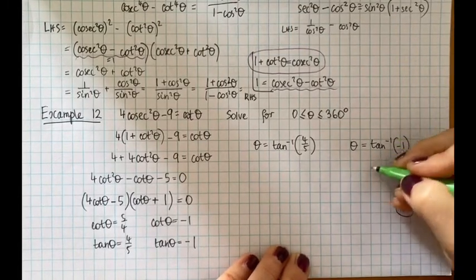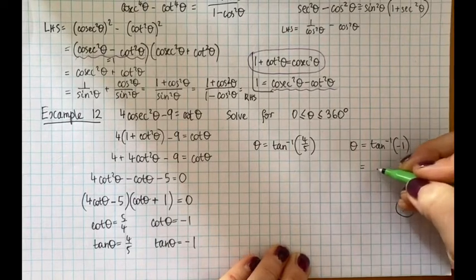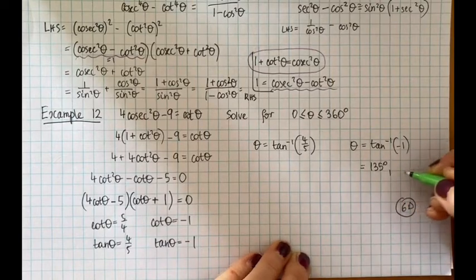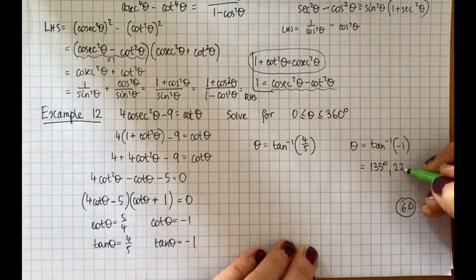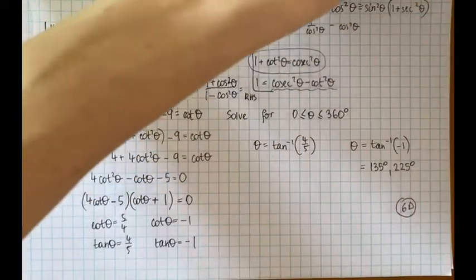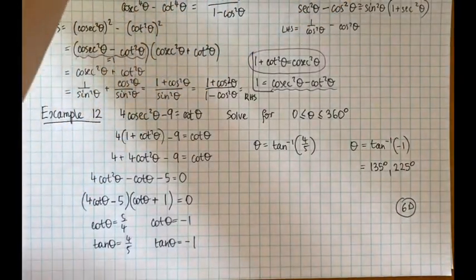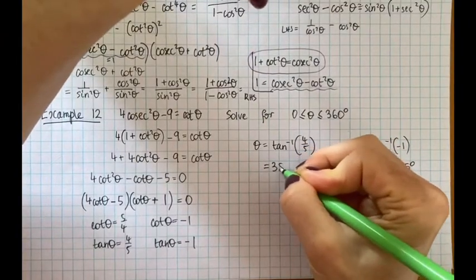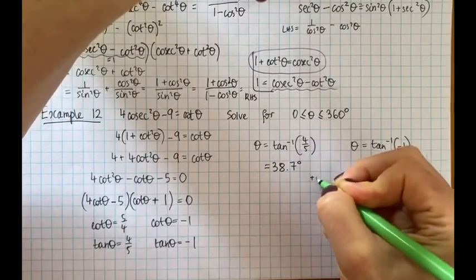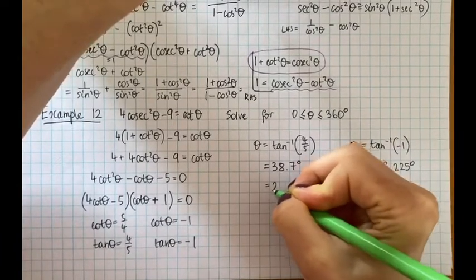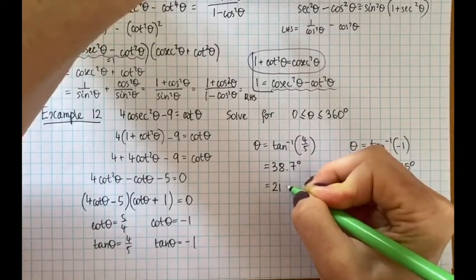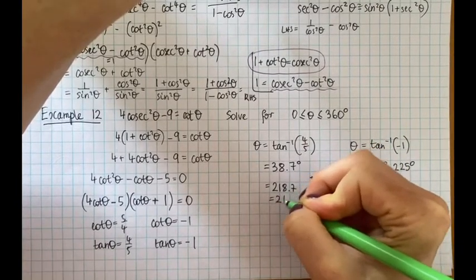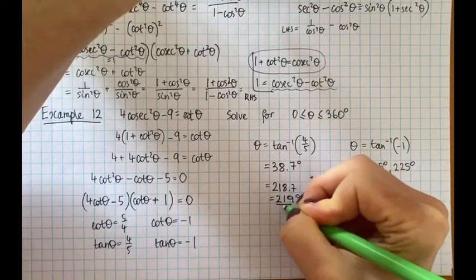So this one here, tan inverse of minus 1 gives me minus 45, and then plus 180 is 135, and then tan inverse of 4/5, we've got 38.7, add 180, you've got 218.7, which is 219 to 3 significant figures.